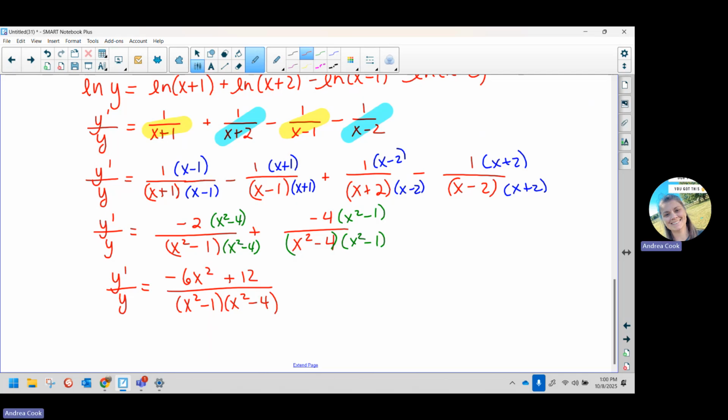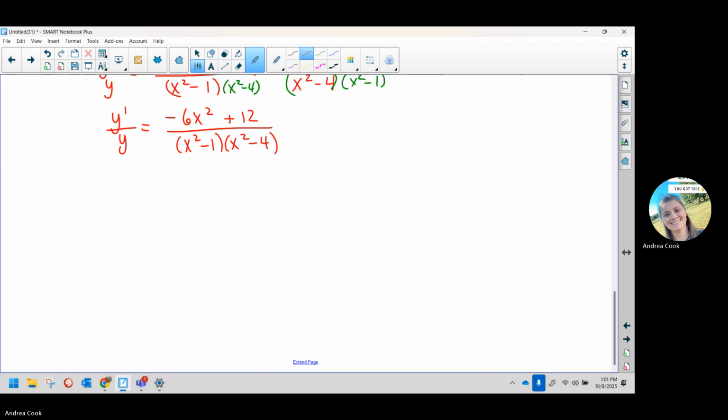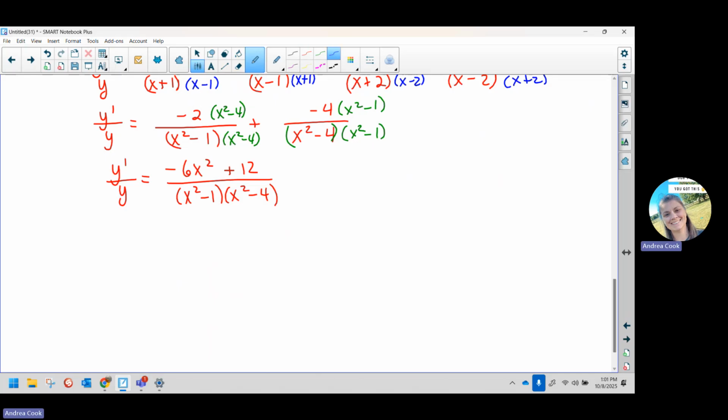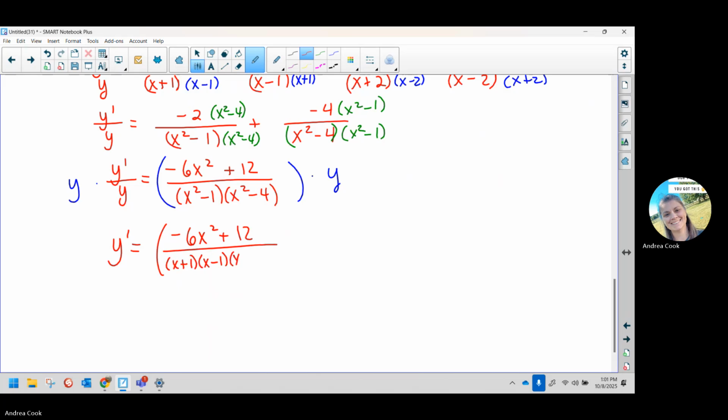But what do we have to solve for? y prime. So I'm going to have to multiply both sides by y. But I want this in terms of x. You'll see why I'm doing this in a minute.